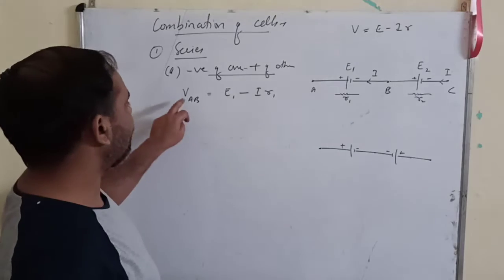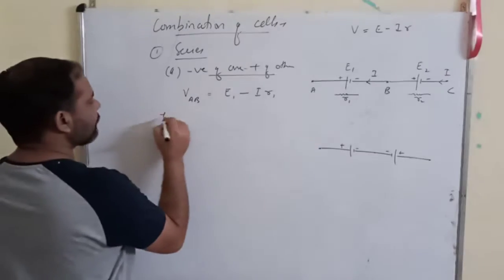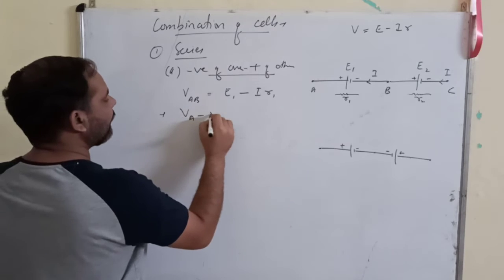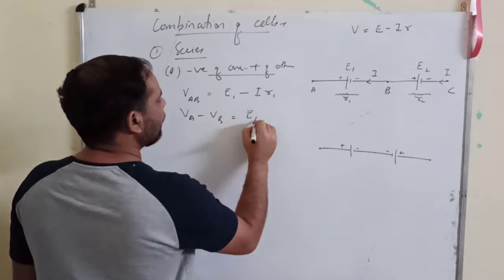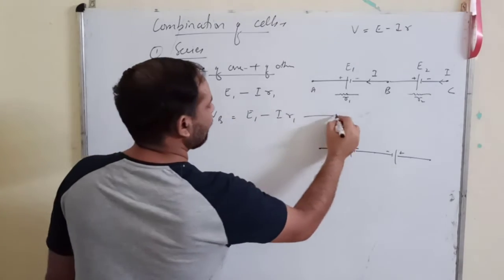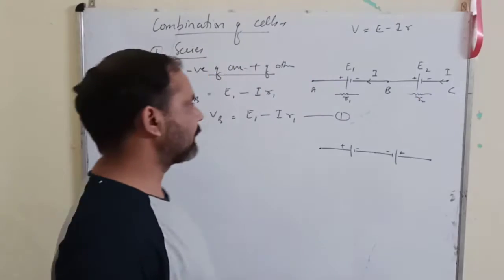So VAB is equal to E1 minus IR1, and this VAB is nothing but VA minus VB. The potential difference of A and B is E1 minus IR1. Take this as the first expression. Now you consider the second cell.